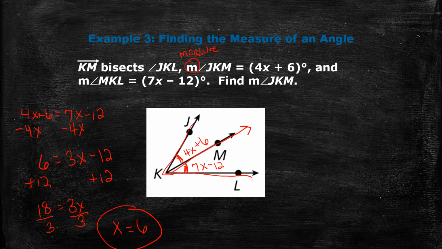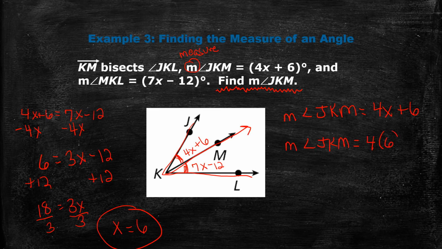That is not what the question asks for. The question asks us to find the measure of angle JKM. Now, the measure of angle JKM is the expression 4x plus 6, but we must solve that. We know that our x is 6. We just discovered that.